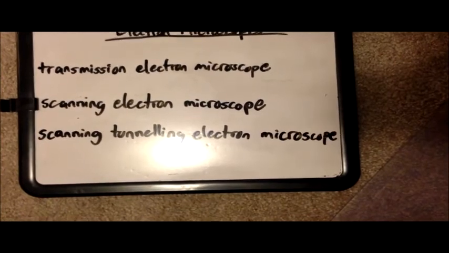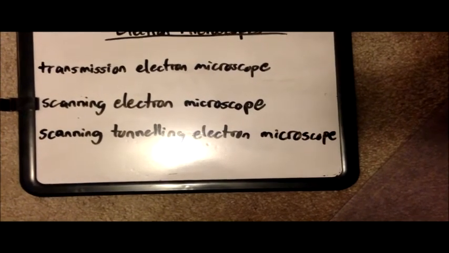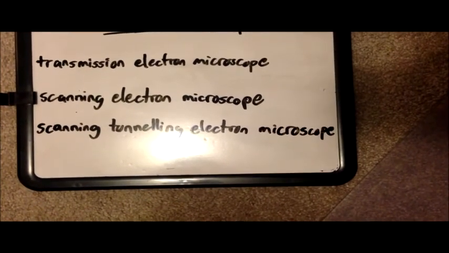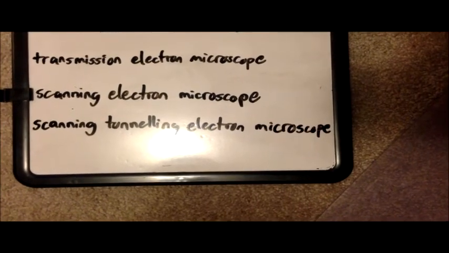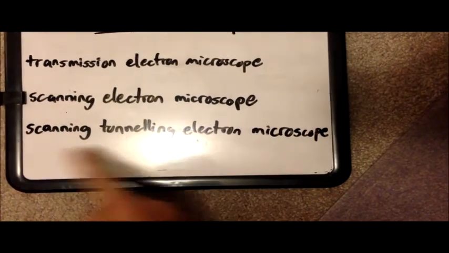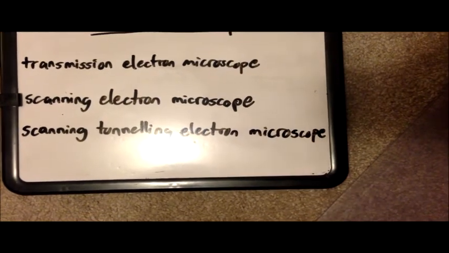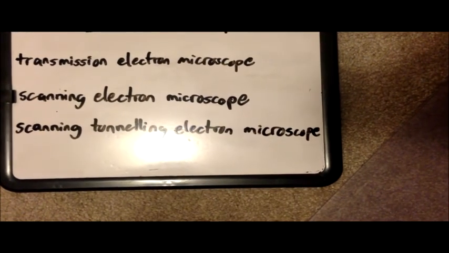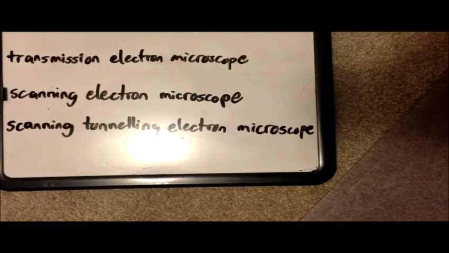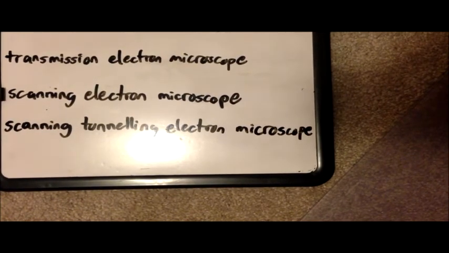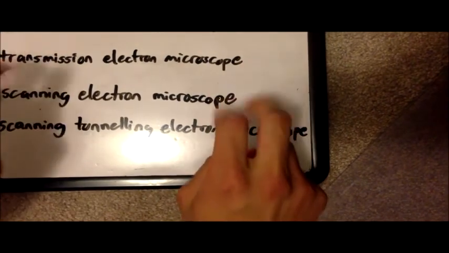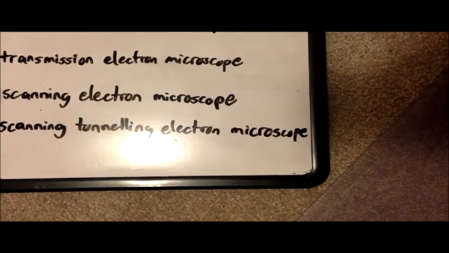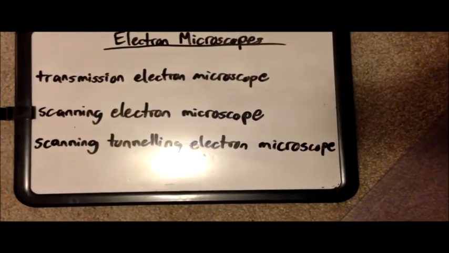Secondly, there's the scanning electron microscope, a type of microscope in which a beam of electrons is scanned across a specimen. And last is the scanning tunneling electron microscope, which is a type where a probe is held close to the surface of a sample, and the electrons tunnel between the sample and probe, which creates a current.